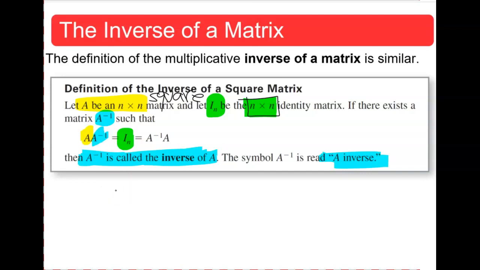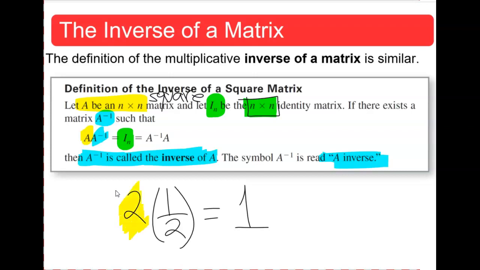So remember, an inverse will be like 2 and 1/2 because they equal 1. In this case, you have the number like the original matrix, and then you have the multiplicative inverse, and if you multiply them together, you obtain the multiplicative identity.